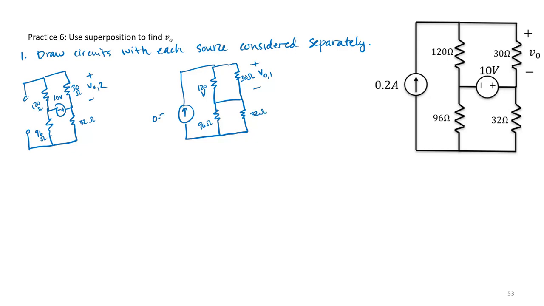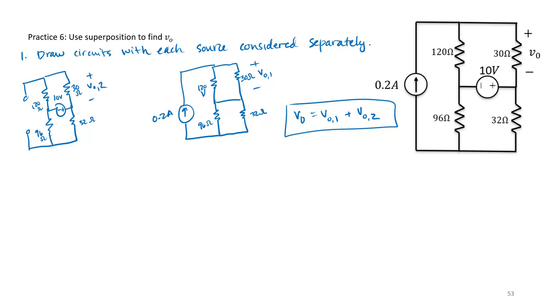And we have our 0.2 amp source all by itself in that second circuit. By superposition, we can say that our total voltage V0 is going to be equal to V01 plus V02.